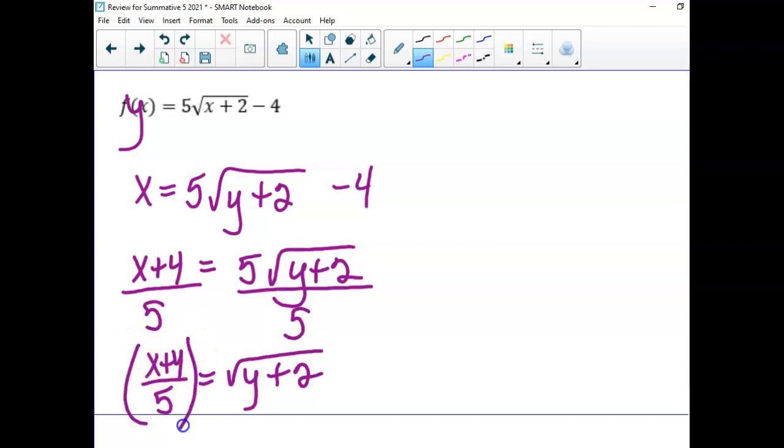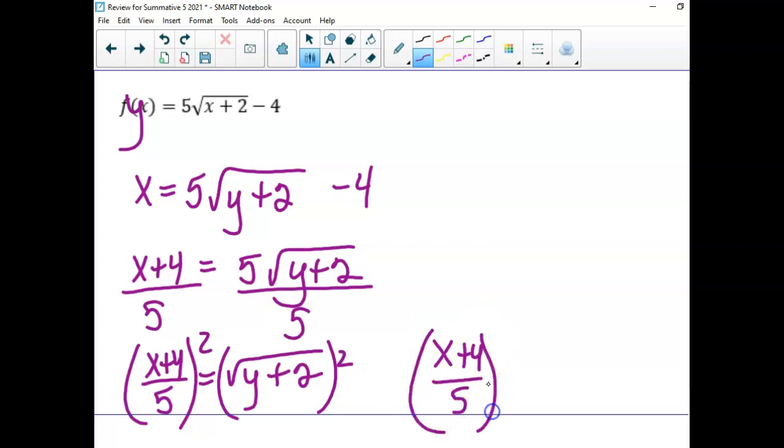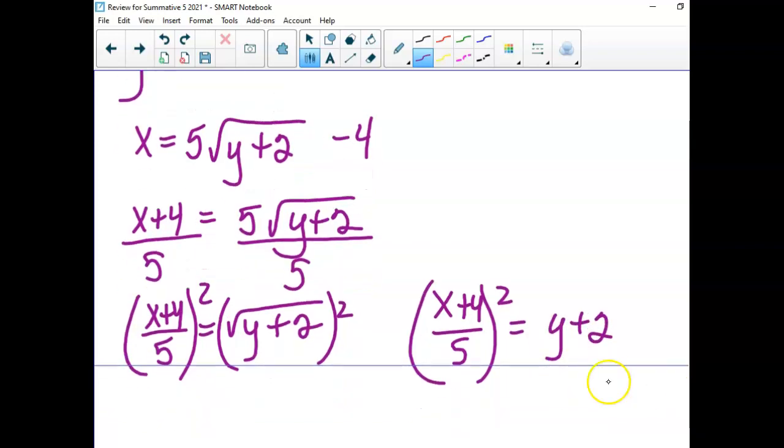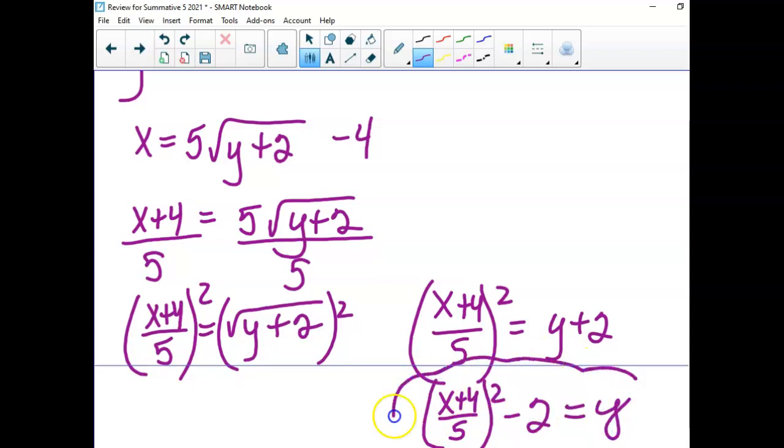Square both sides. And then subtract 2. And you could leave it in that crazy form.